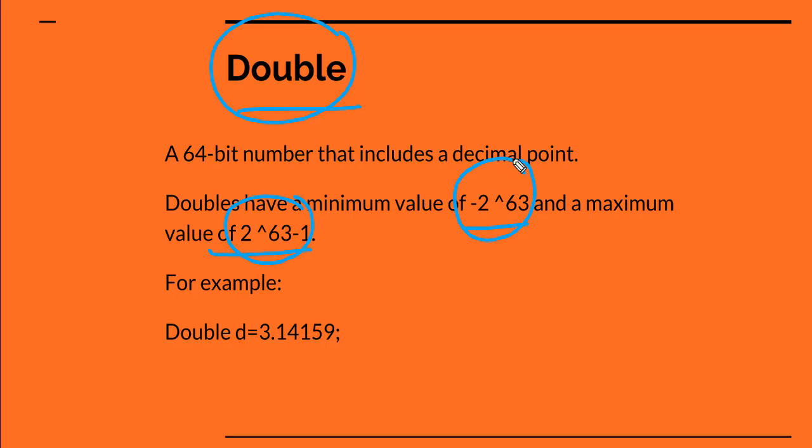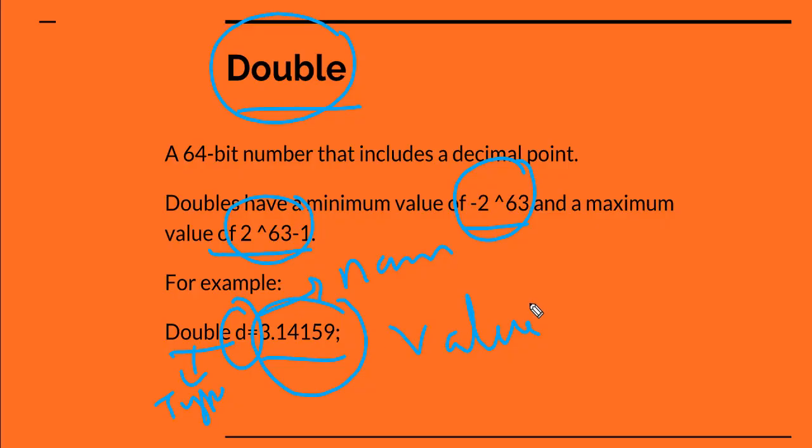For example, double D is equal to 3.14159. Here double represents the type of the variable, D represents the name of the variable, and this is the value for the variable. The difference between a double and a decimal is that with a decimal, the range of the number that you can have is a little less than what you can store in a double.